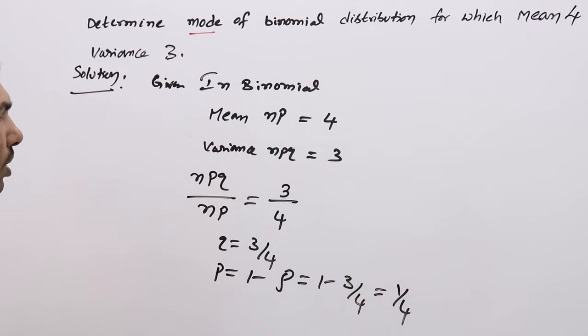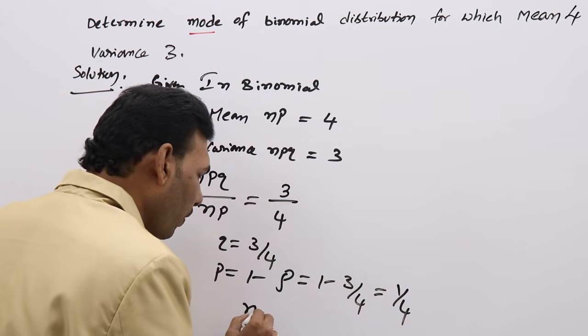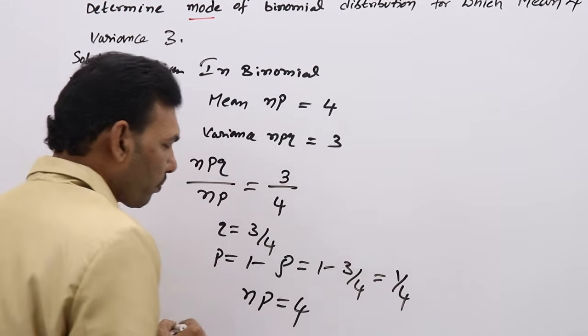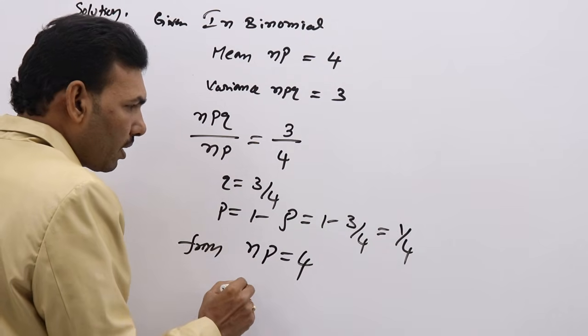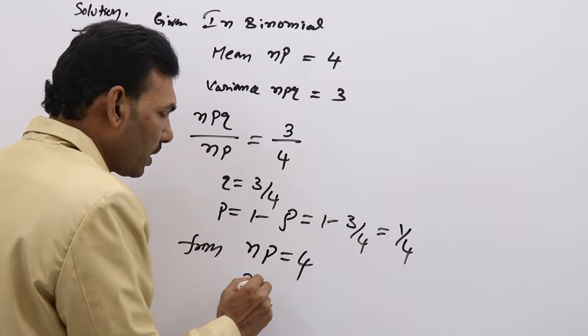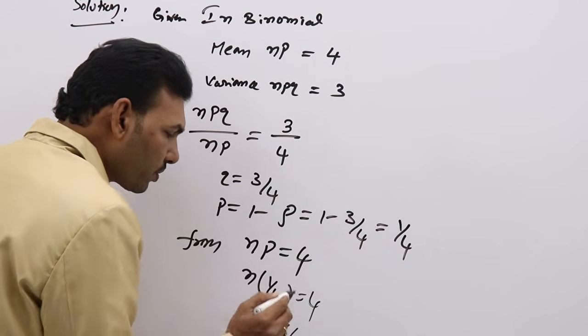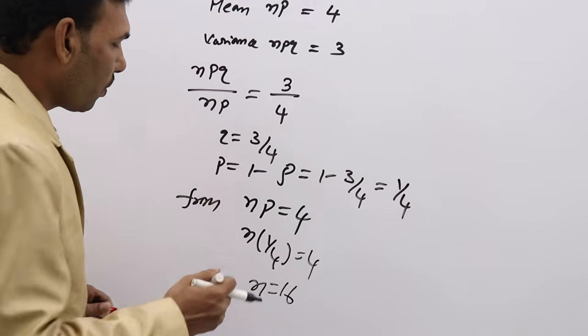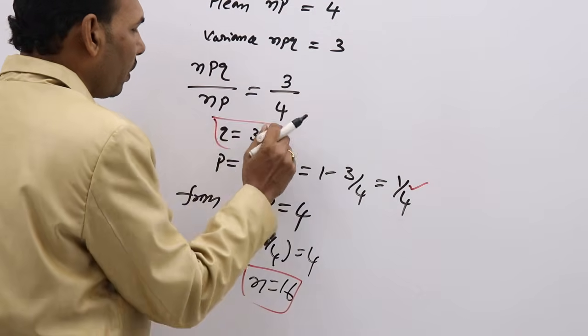P is 1 by 4, Q is 3 by 4. Now to calculate N from NP equal to 4, write in the place of P 1 by 4. N into 1 by 4 equals 4. N equals 16.